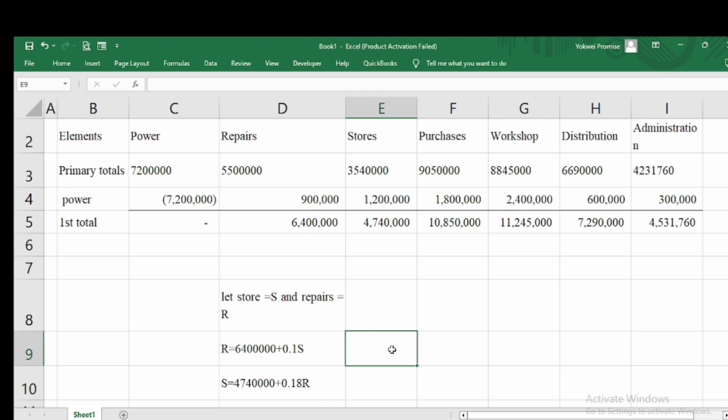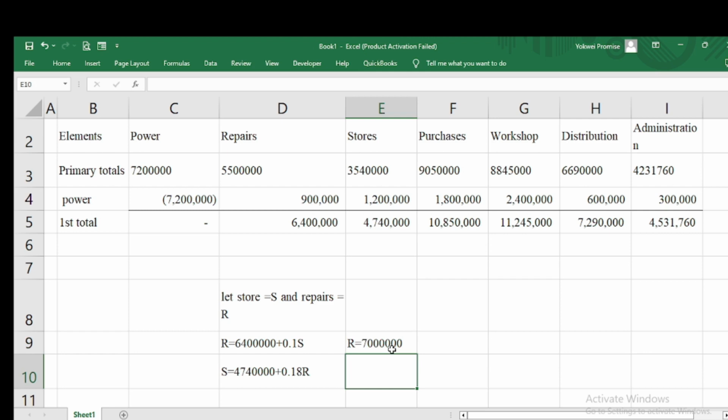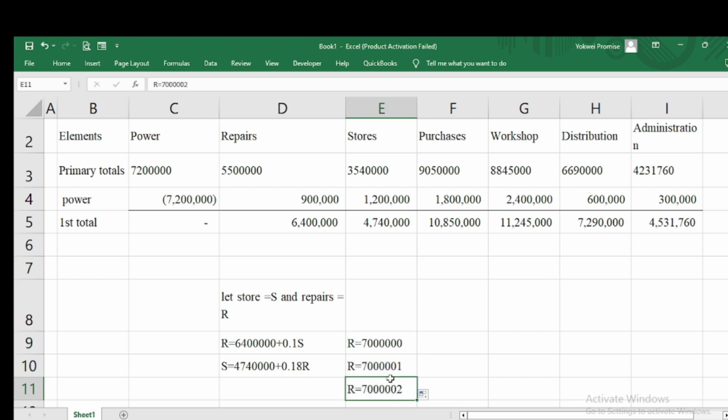If you solve these equations simultaneously very well, your R will be equal to 7 million exactly, and your S will be equal to 6 million. And then we'll be good to go.